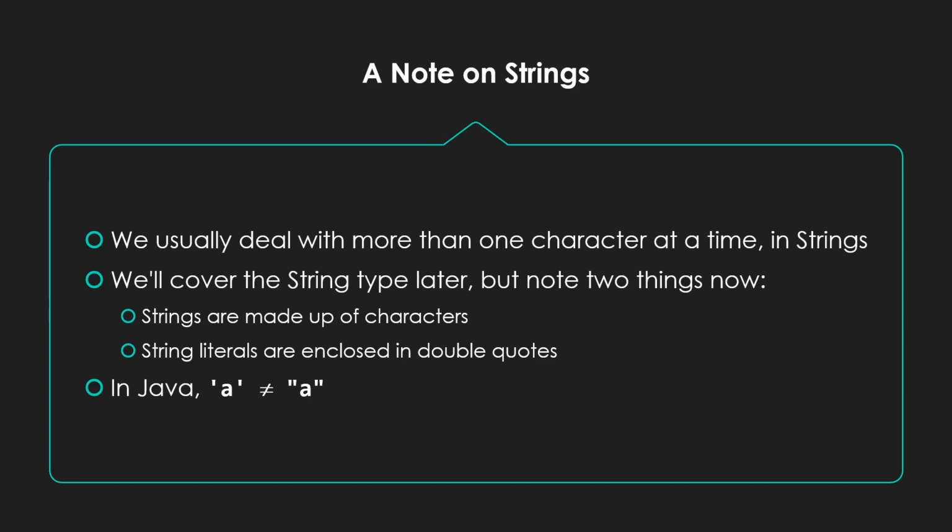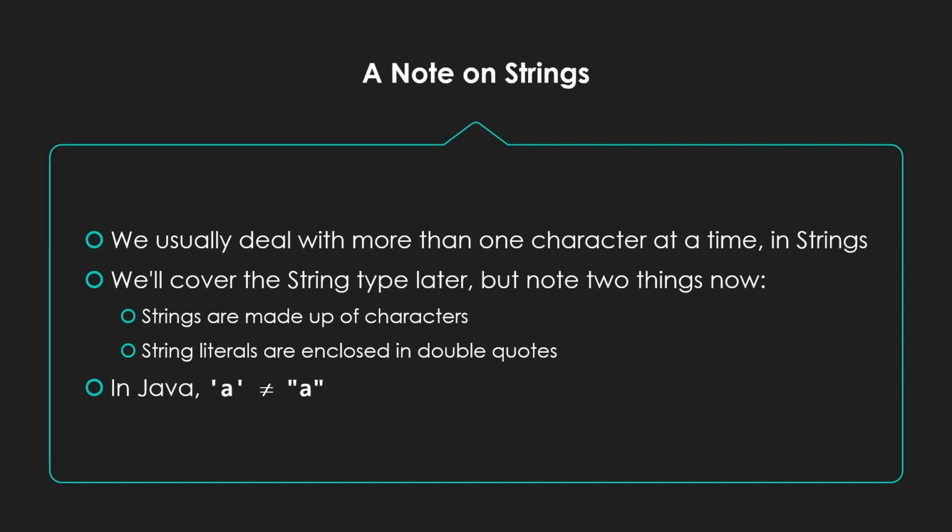I want to make a quick comment about strings. We don't usually use characters one at a time. We have various uses for that, but it's much less common than using lots of characters in a string. We're going to cover the string type a little later, but I do want you to be aware of 2 things now. First of all, strings are made up of characters.